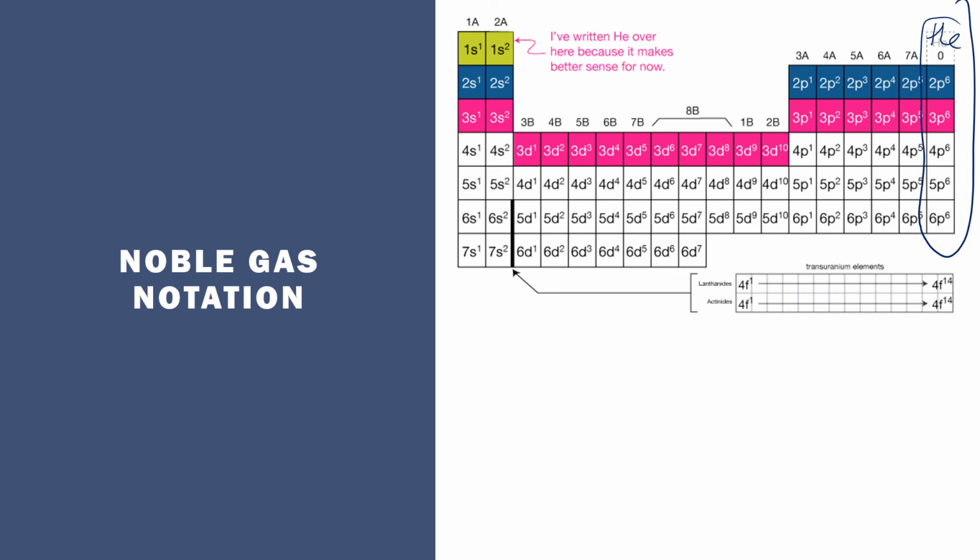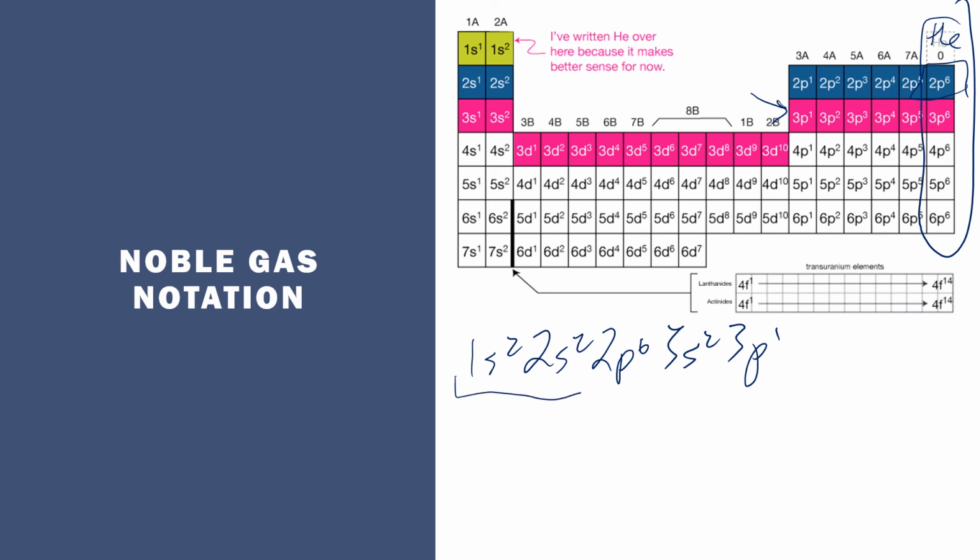So let me give you a couple examples of that. Let's do aluminum. Aluminum has 13 electrons. So 1s2, 2s2, 2p6, 3s2, 3p1. Okay, it's right here, 3p1. The noble gas that comes before aluminum is neon, which we looked at.